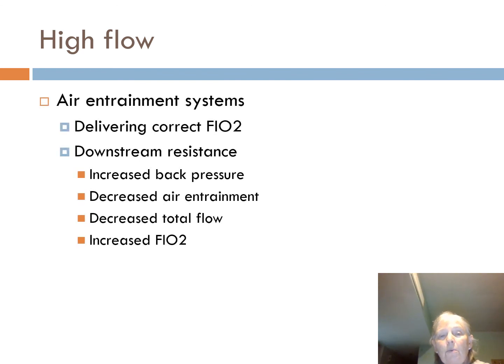High flow, we need to make sure we're delivering that correct FiO2. Have we set it up the way we're supposed to, okay? Just because in one set the 50% is orange, the next one that you get may not be the same color. It could be green. Downstream obstructions.